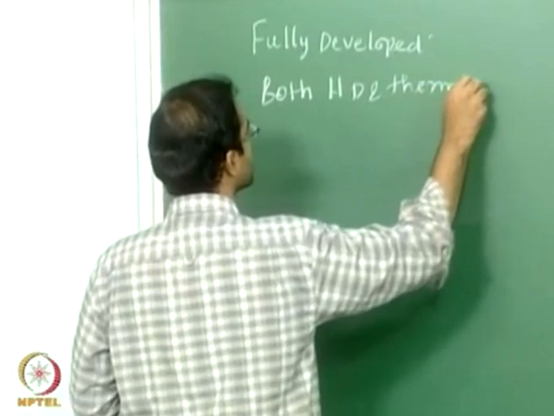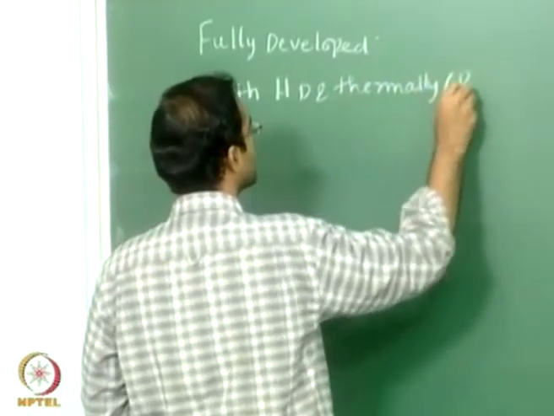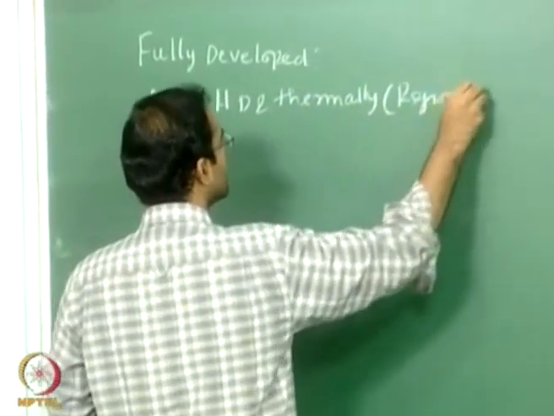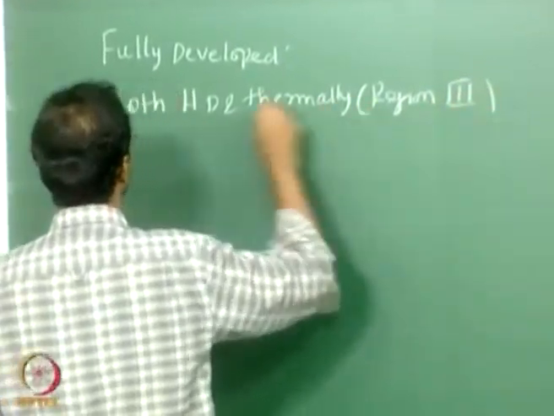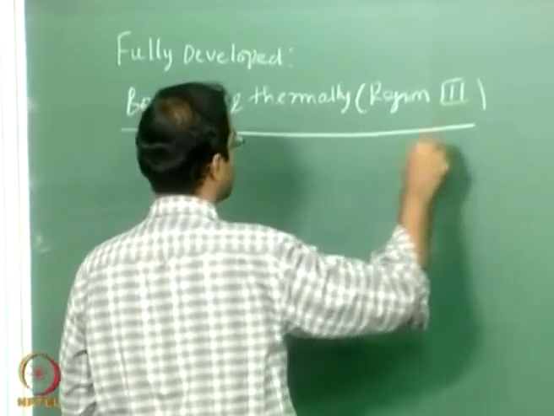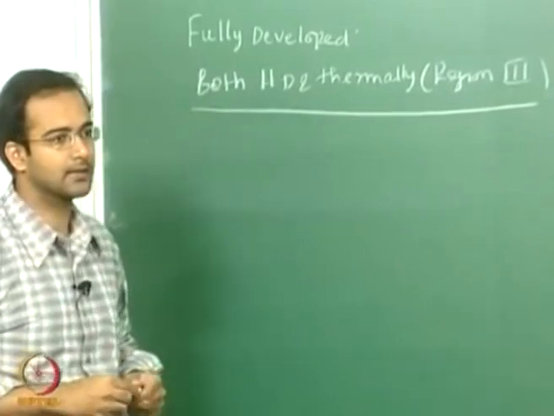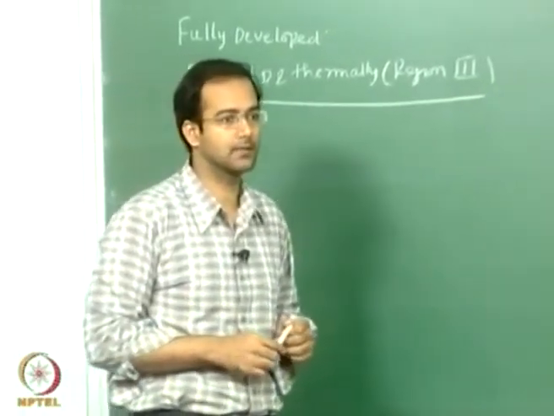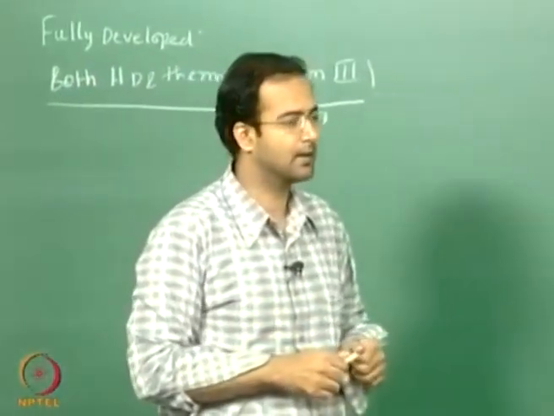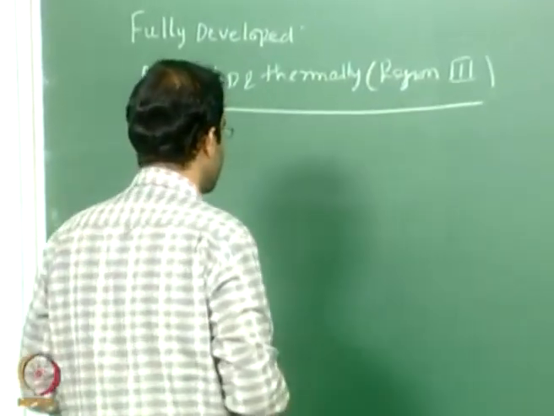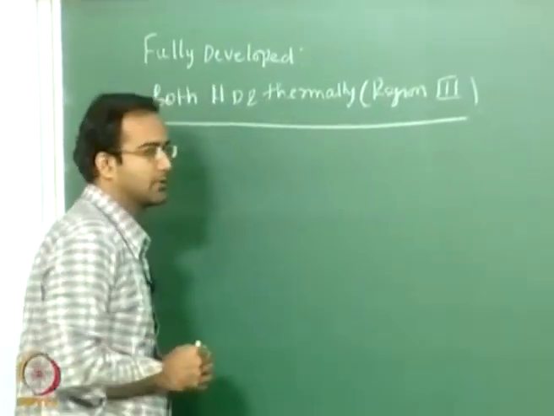I denote this as region 3, and we solved for the velocity profile in the hydrodynamically fully developed region. We got a parabolic velocity profile, and we also started the solution to the heat transfer problem.